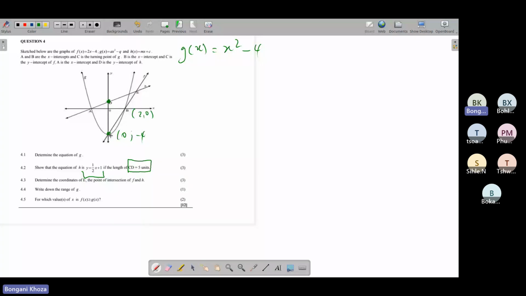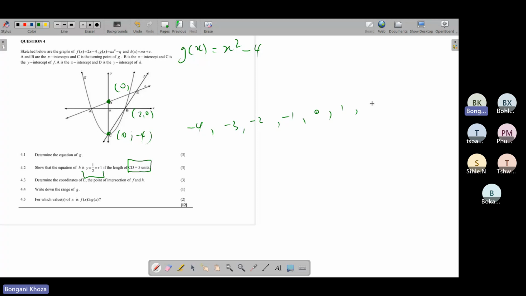If this coordinate over here is negative 4, this coordinate will be 0, and we just need to count from here to there. So we're just counting 5 units. From negative 4, you have negative 3, negative 2, negative 1, 0, 1, 2, and so on.